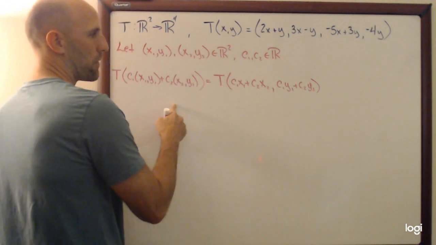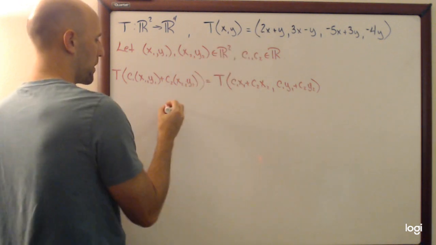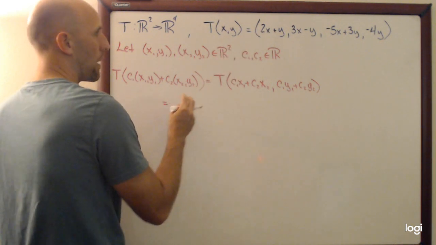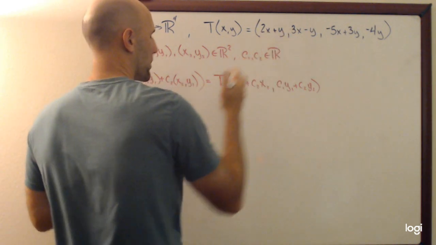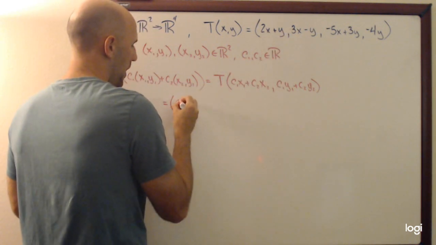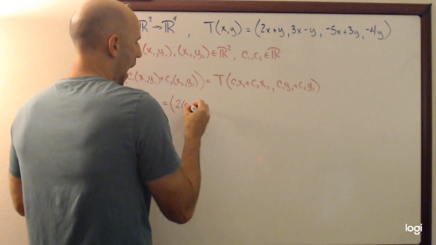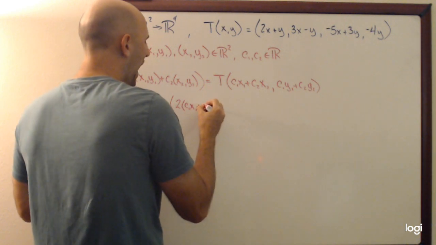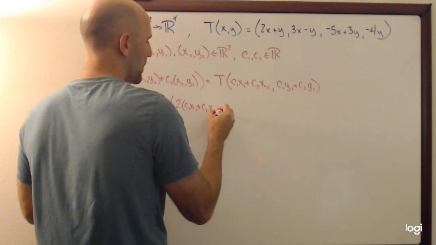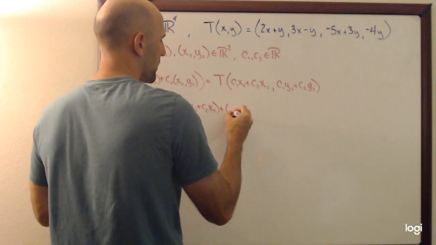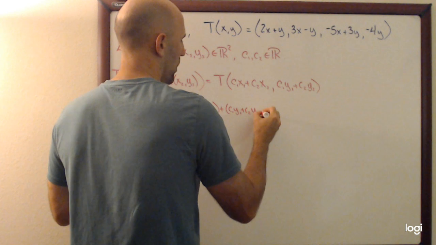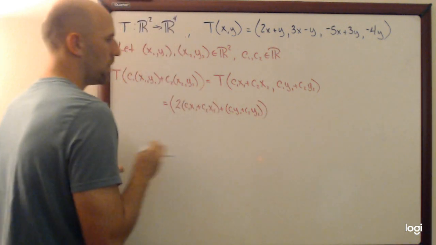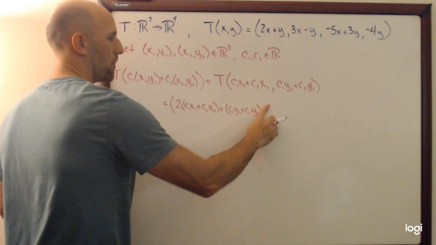Okay, so what would this give me if I actually put this into my transformation? I'm going to start a little further to the left because this is going to be a bit long. My first component is 2 times c1x1 + c2x2, plus c1y1 + c2y2. Oh, sorry, that's the first component only.